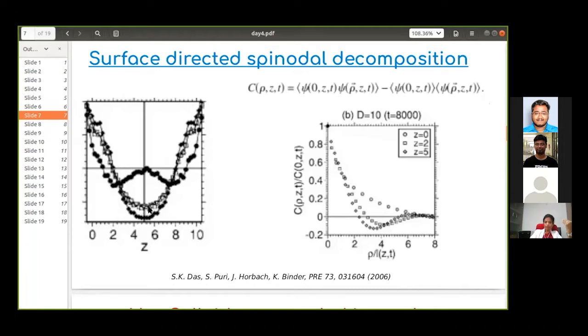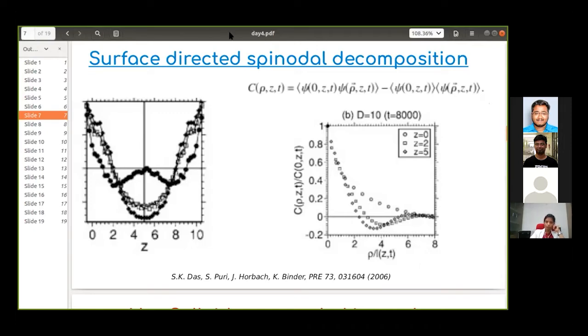Then you have the symmetric kind of profile, and another surface adsorption layer forming close to the second wall. As time progresses, the thickness of this depletion layer increases, and finally in the middle you have one adsorption layer here, one depletion layer, and in the middle these two layers are merging on top of each other.